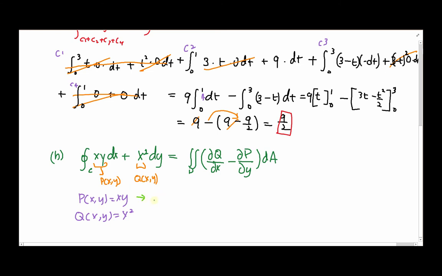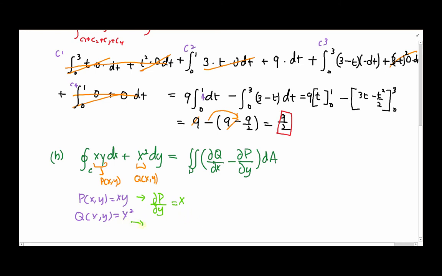When you take the derivative with respect to y, the reason is that you see that P, our first equation, is derived with respect to y, so that's why I have a y here instead of x. When you take the derivative, x is like a constant. Even though it's a variable, we have to treat it as a constant, so it just simply becomes x.